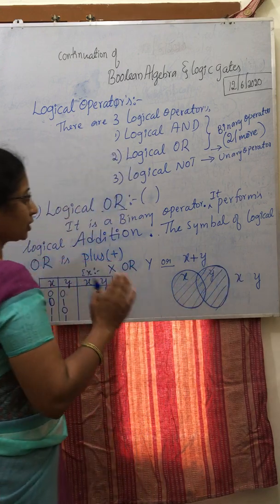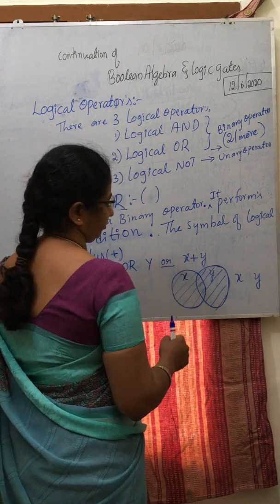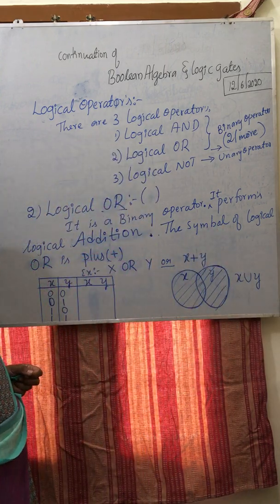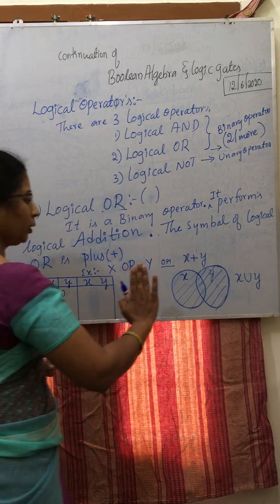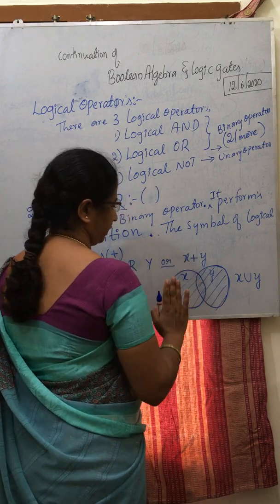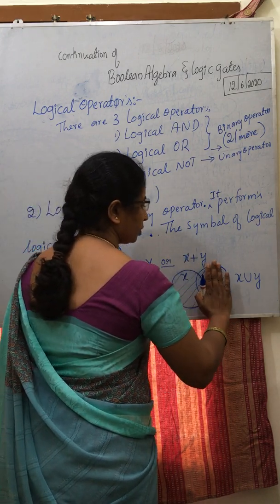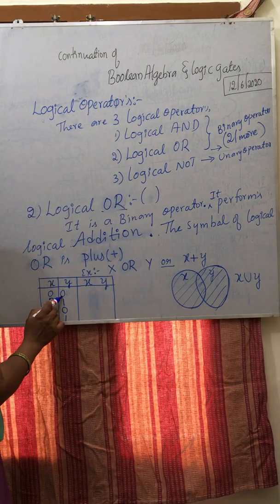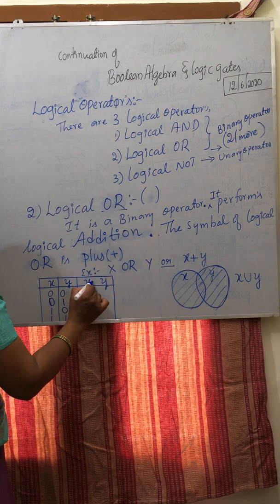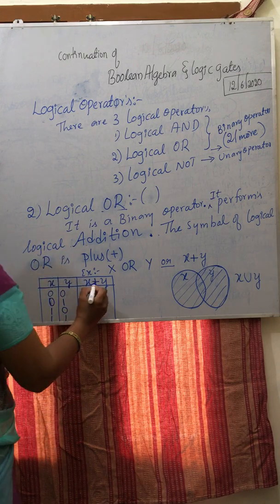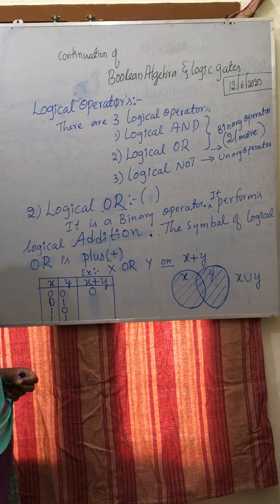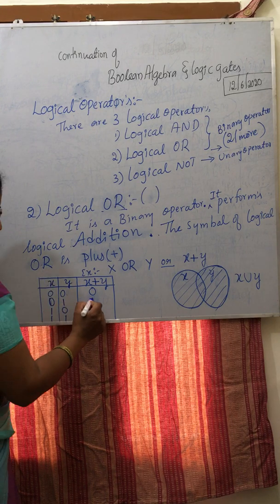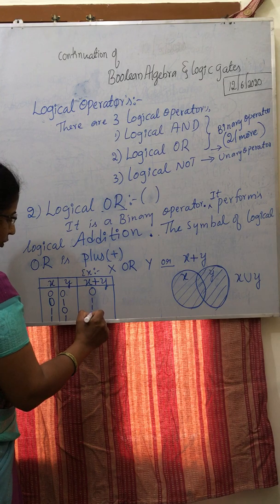When the value is not there in both, only then is the result false. That means it was not in X and not in Y, then only the result is false. If any one of the inputs is present, then the result is true.